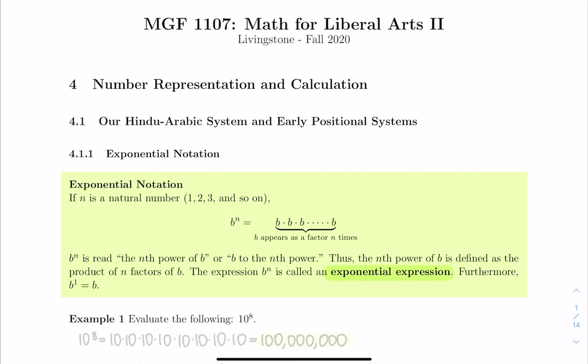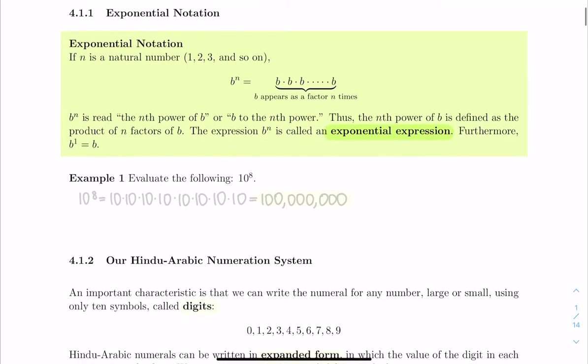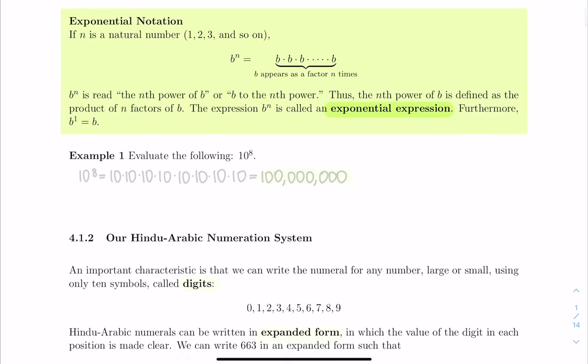So the first thing we want to do is evaluate the following: 10 raised to the 8th power. Let's go ahead and just expand that out. 10 to the 8th, well, that's just 10 eight times.